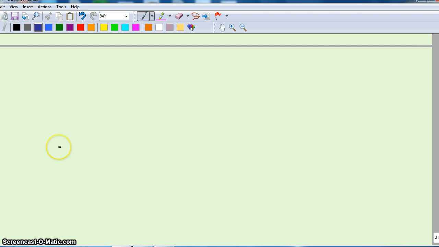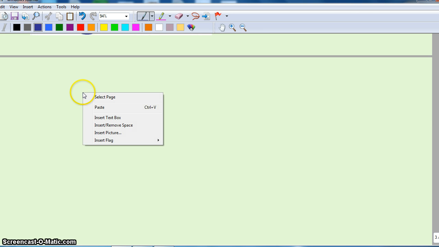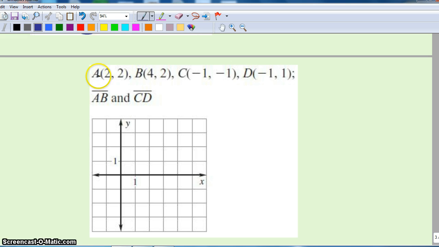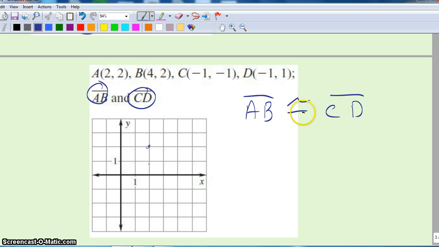We're going to be using the same segment addition postulate, except in a different form of question. So let's try this question. There are points A and B, and we have C and D. You connect A to B, which makes a small line segment, a small piece of a line, and you connect C and D. I want to know, are AB and CD congruent?